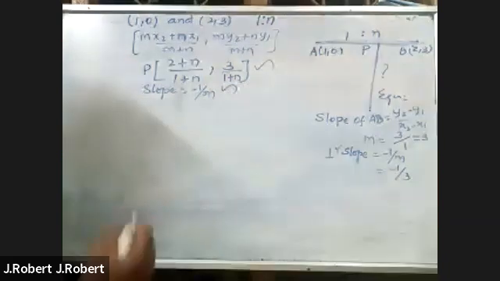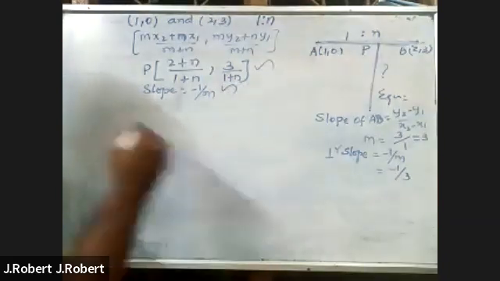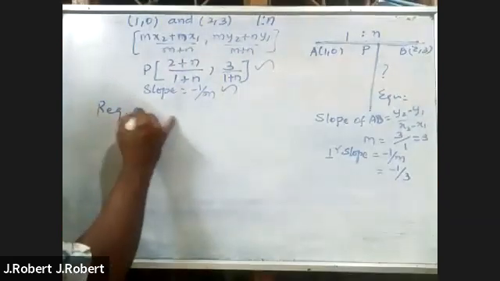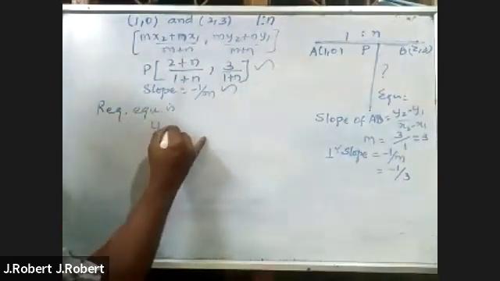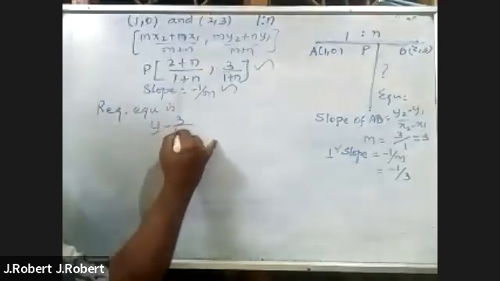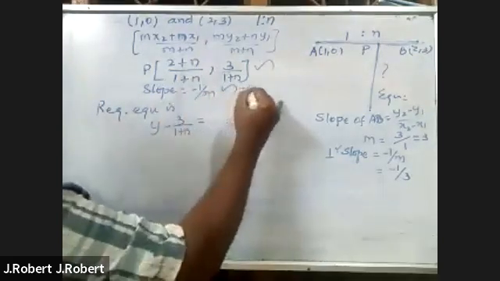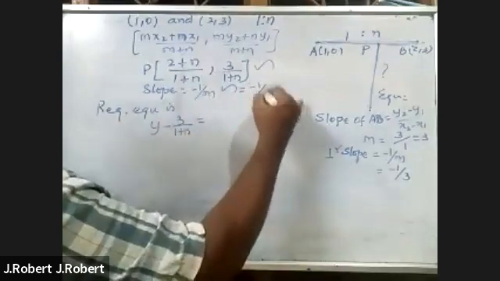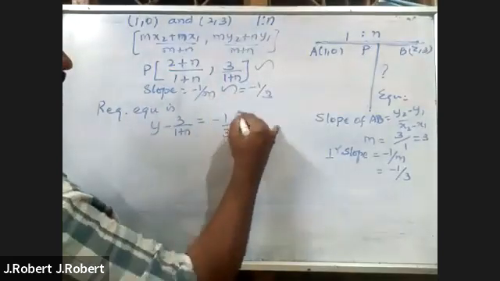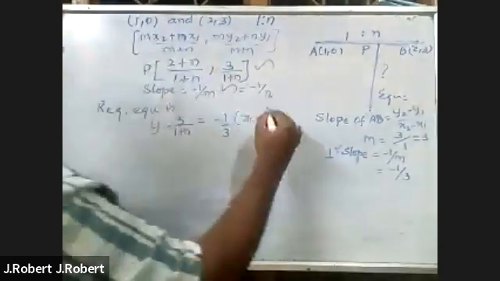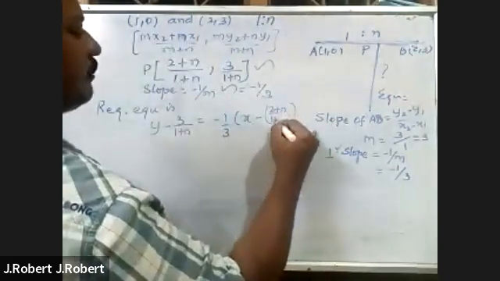Knowing that one point and a slope are given, the equation of the straight line is y minus y1 equals m into (x minus x1). Therefore, the required equation is y minus 3 divided by (1 plus n) equals minus 1 by 3 into (x minus (2 plus n) divided by (1 plus n)).